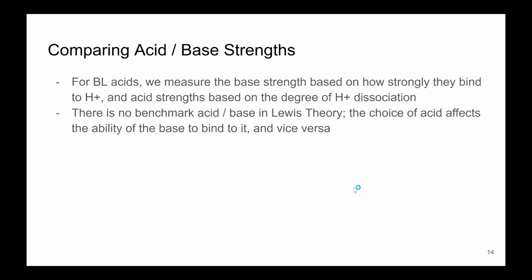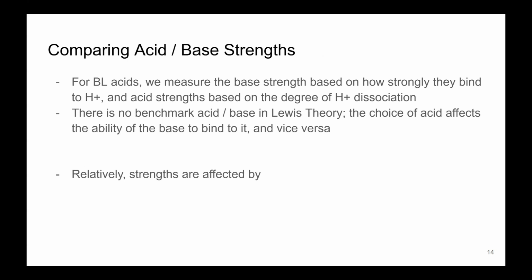In Lewis theory, the choice of acid affects the ability of the base to bind to it, because a lot of things affect the electron affinity, or the willingness of a species to donate or accept electrons. So there is really no benchmark in Lewis theory, and we can't define an acid as absolutely stronger than another.